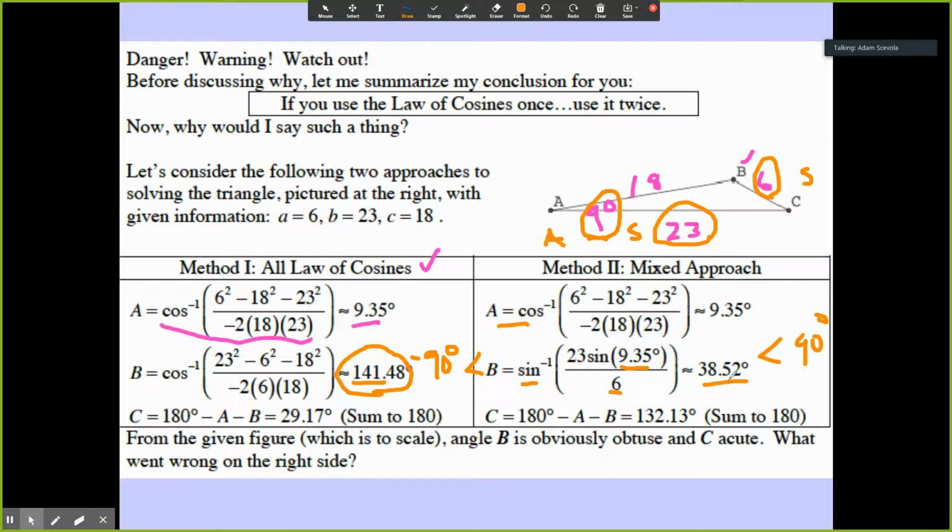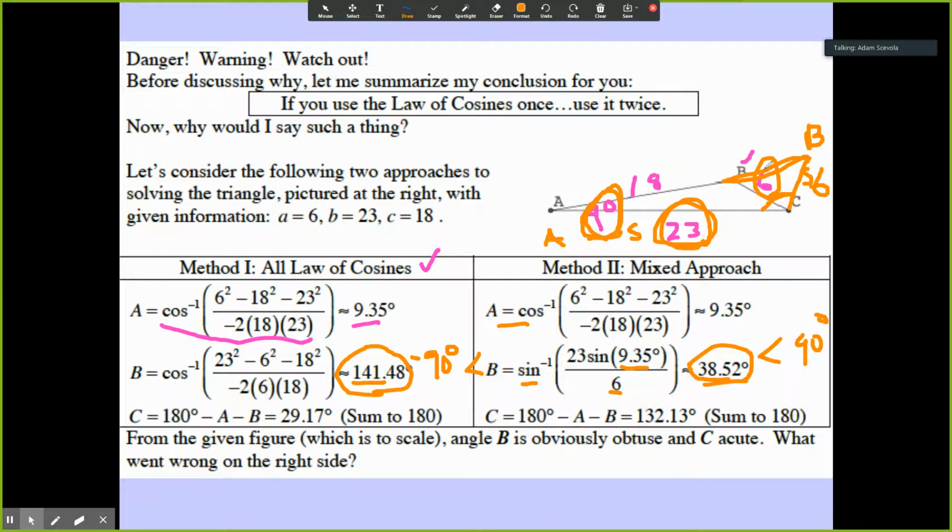It's going to give you the supplement of that angle, 38 degrees, because what it really thinks you're doing here is solving this triangle where this side is 6, and now that's angle B, because this angle is still 9 degrees and this side is still 23. Angle side side, it's the ambiguous case. So it's not considering angle C, and it's assuming that angle C is the obtuse angle.